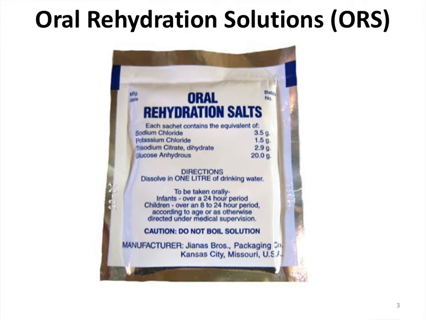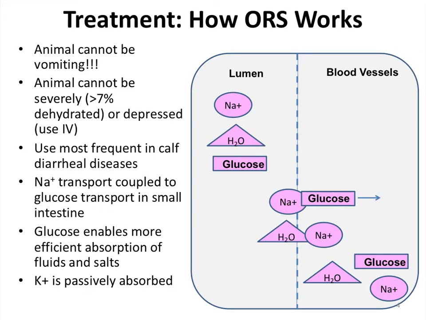But suffice to say, this is when there's primarily fluid loss due to GI loss of fluid in a diarrheal condition, and it generally is used to manage mild dehydration. Another premise of this oral rehydration solution is obviously that the animal has to have diarrhea and not be vomiting, because if you give something orally, it's just going to come right back at you.